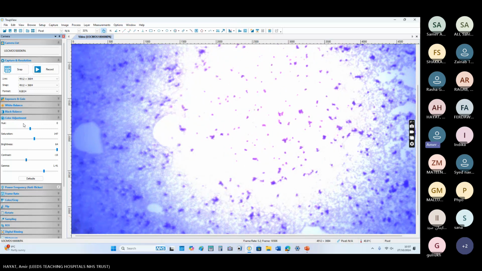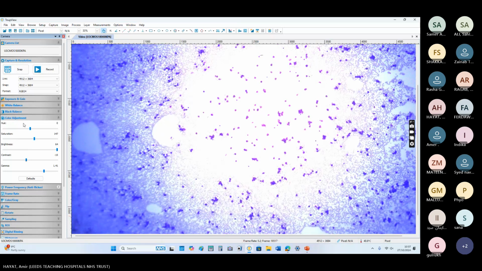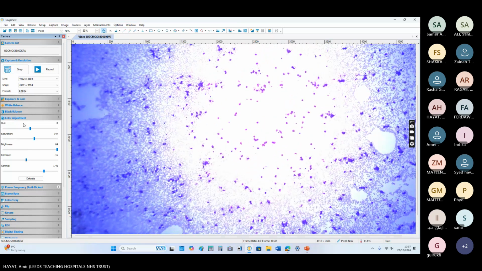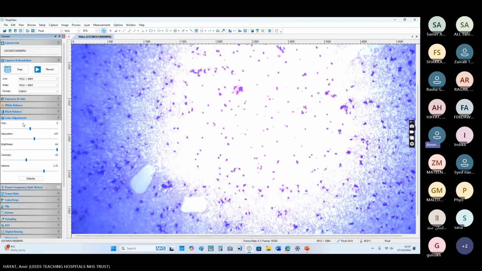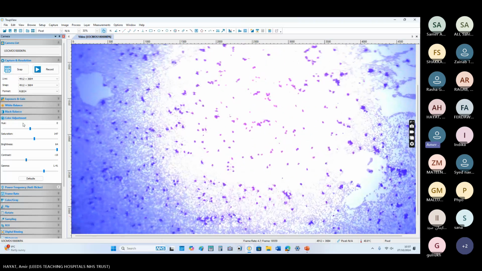This is power 4, just to see if there is any particle in this aspirate or not. It looks like there is no particle in this aspirate.